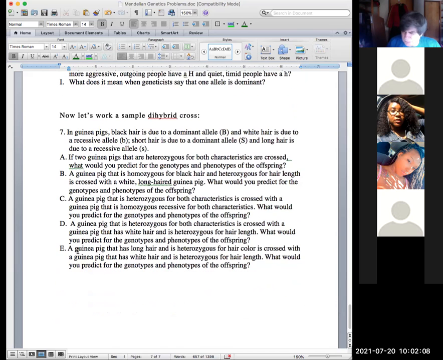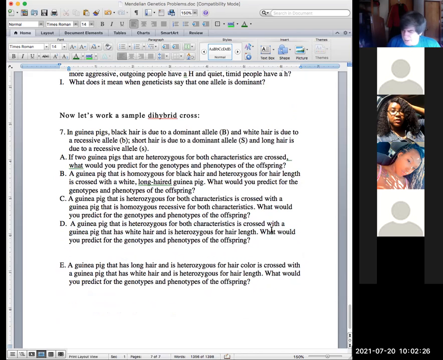So let's look at letter E as an example. Now let's look at D. That'll be a better one. So let's look at D. And notice that the question on D is, what would you predict for the genotype and phenotypes of the offspring?